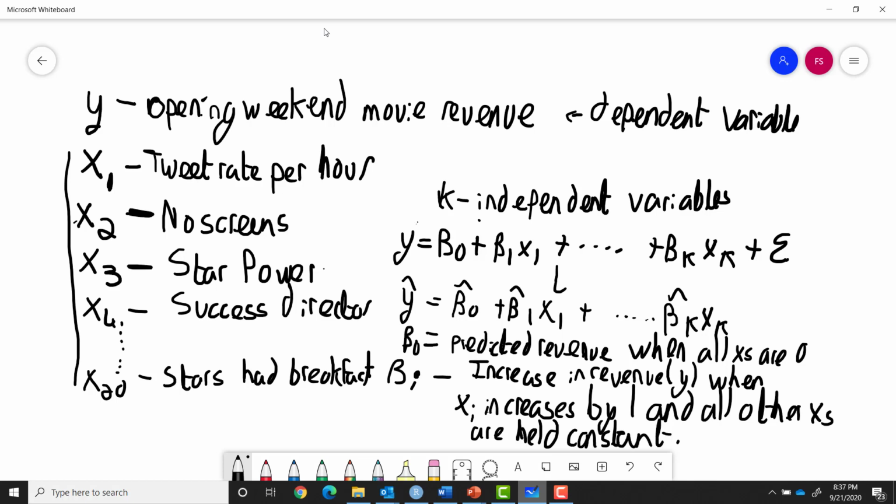We're not interested in anything else. All we're interested in is how, say, x1 goes up by 1, and this is how much y goes up, assuming we don't increase the others. So this is what the beta coefficients are. And I think that makes a nice little end to the video.